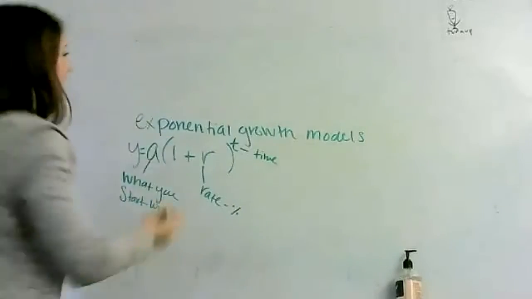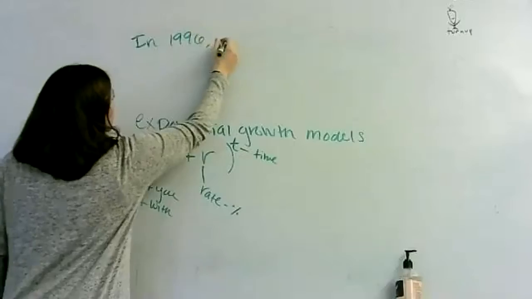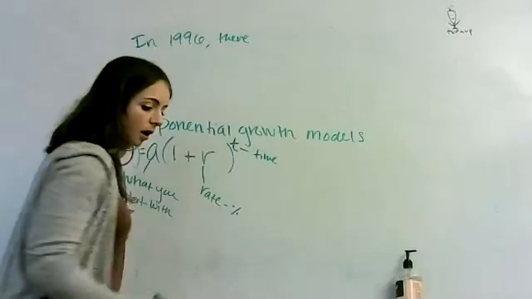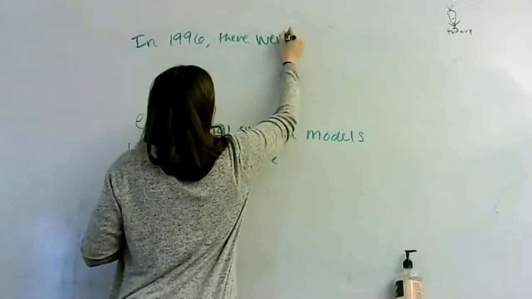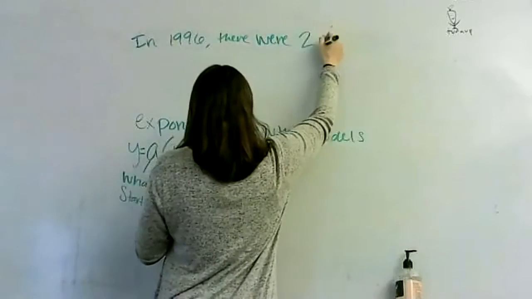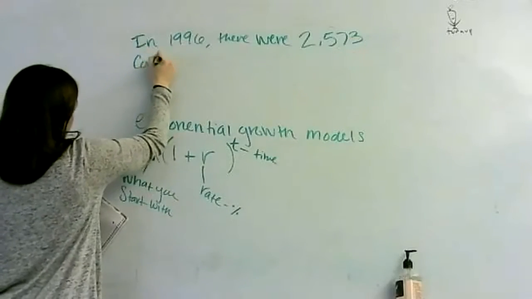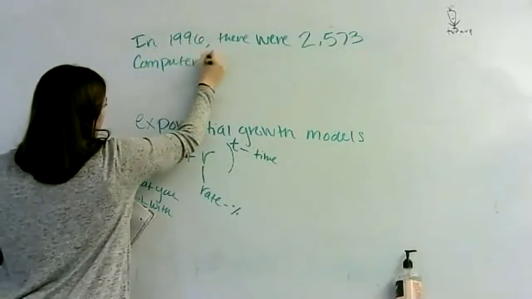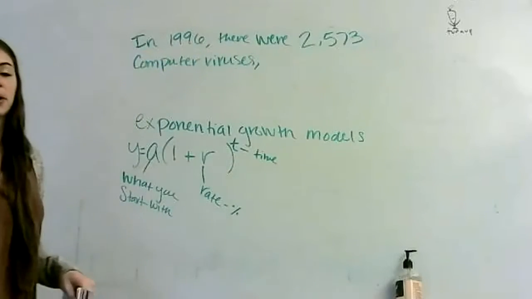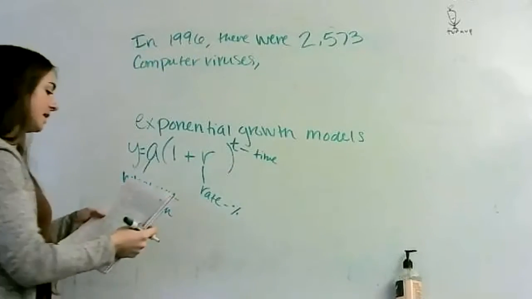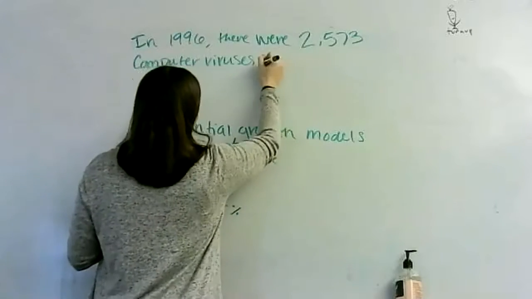So in 1996, there were 2,573 computer viruses. You've got to think, computers were barely a thing in 1996. So that's not that many viruses, but it was for the time.